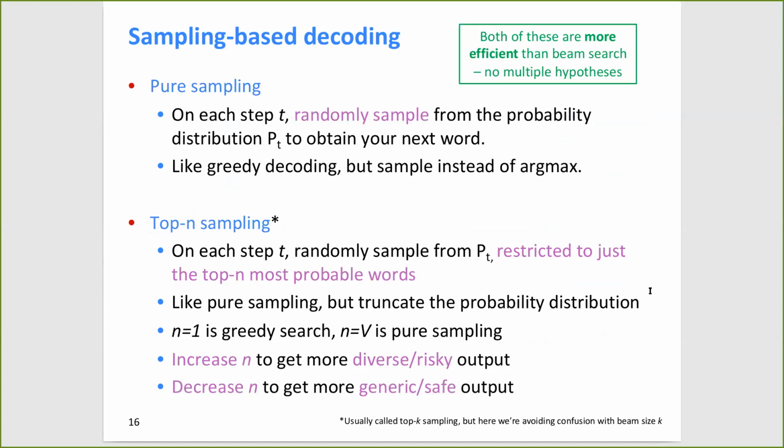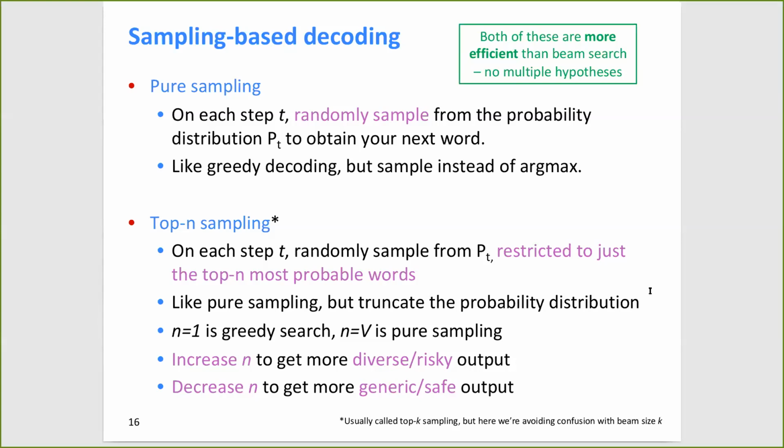Another decoding method is sampling-based decoding. Here we have two types, pure sampling and top-n sampling. In pure sampling, at every time step, for every state of the decoder, the sampling happens. The decoder produces one output for every hidden state.